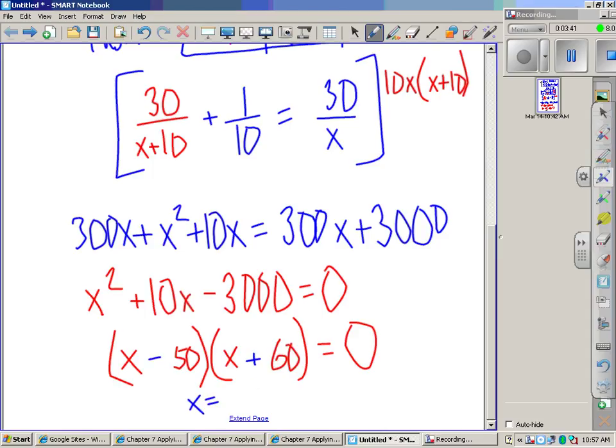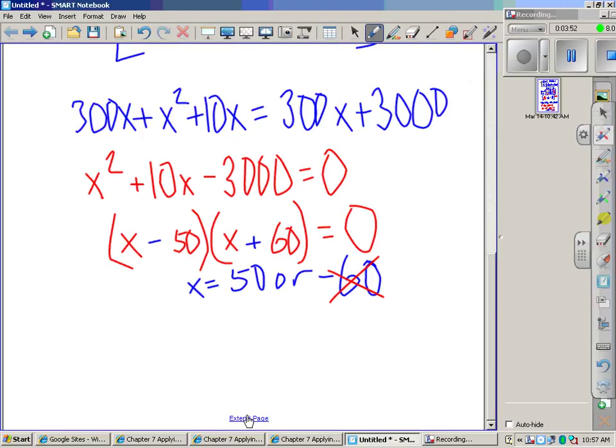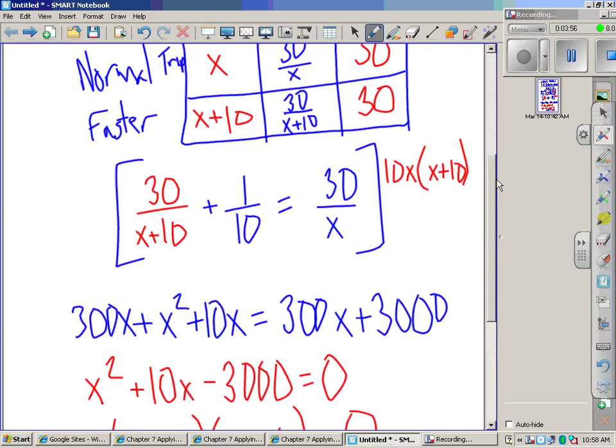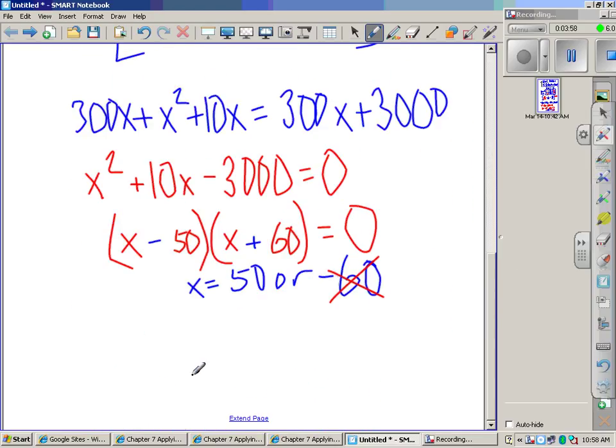X is going to equal 50 or negative 60. One of these answers we keep, one of them we throw out. And so my answer is, it says find the new speed, so we're going to have to add 10 to that. So it's going to be 60 miles per hour.